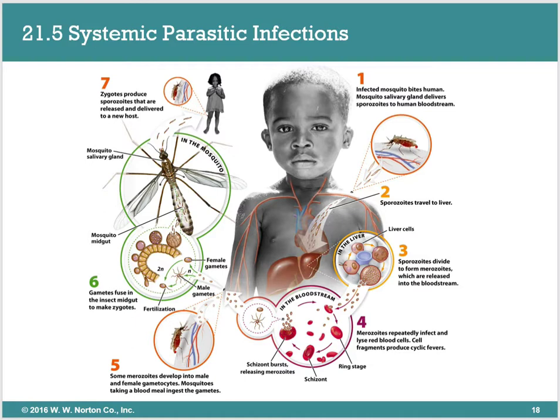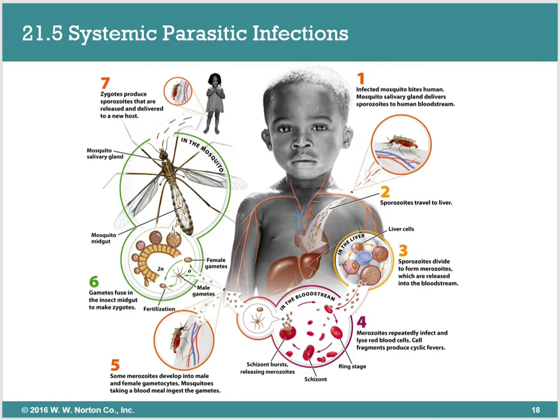But generally what will happen is that an infected mosquito will bite a human, and the malaria will enter the bloodstream. At this point it's called, I believe, sporozoites. They will travel to the liver, and the malaria will reproduce inside the liver.